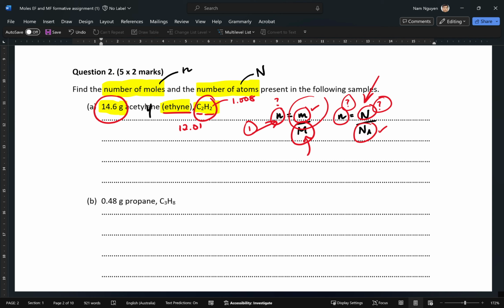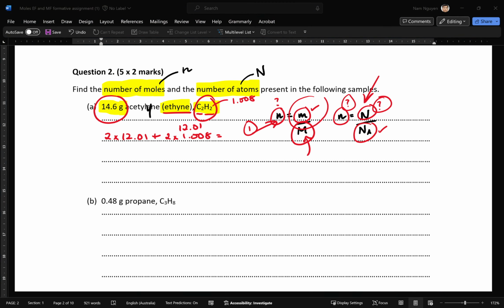And so using those values we can determine the molar mass by doing 2 times 12.01 plus 2 times 1.008, and that is equal to... here we go. That's equal to 2 times 1 plus 2 times 1.008.